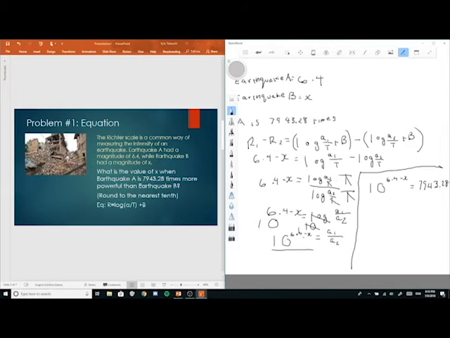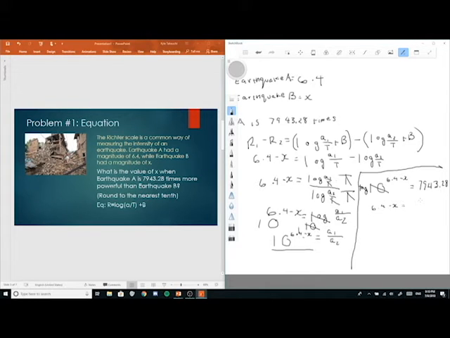Now we want to isolate x. So what we do here is take the common log on both sides. We take the common log, cancel these out, make this isolated, and we can find the log of this and plug it into our calculator.